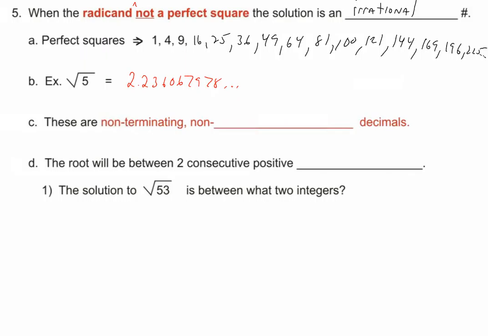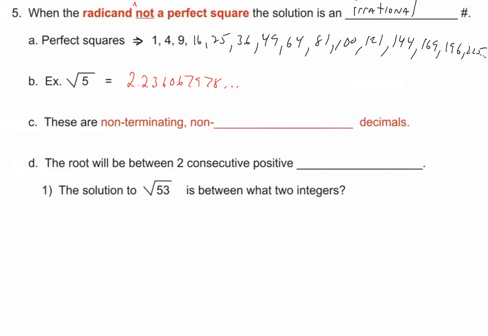It's a non-repeating, non-terminating decimal. Does that sound familiar? We have talked about that. Here's the thing. We can't make a fraction out of this number with an integer on the top and an integer on the bottom to exactly equal this. There's no fraction that exists. So we call it an irrational number.